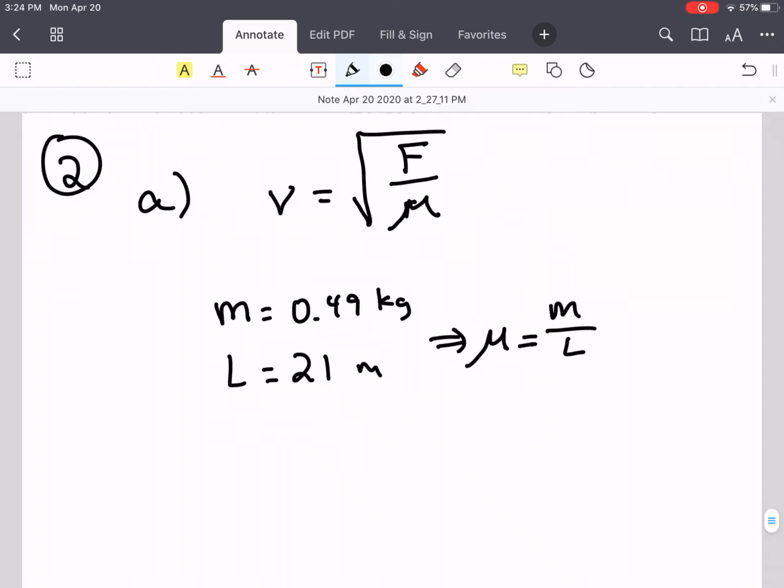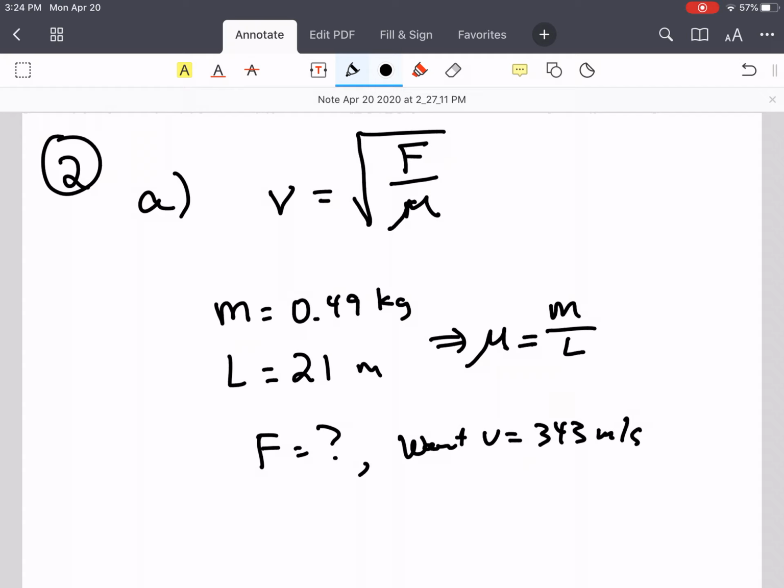We don't know the tension in the string. That's what we're trying to solve for. But we do know what velocity we want. We want to match the speed of sound in air. So we want to pick a velocity equal to 343 meters per second.